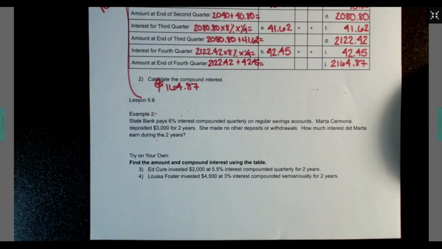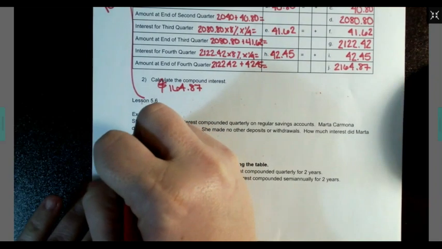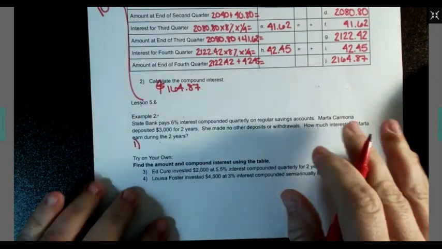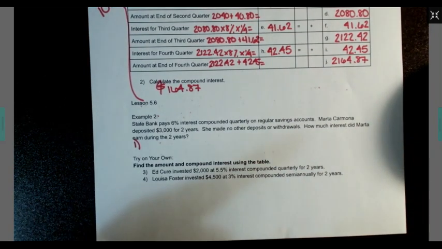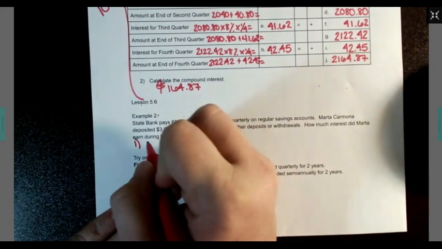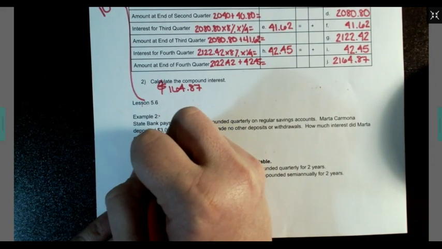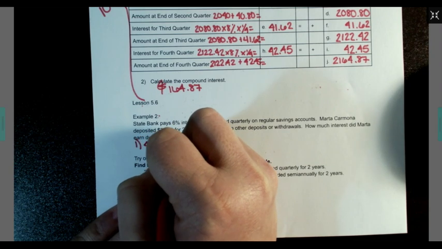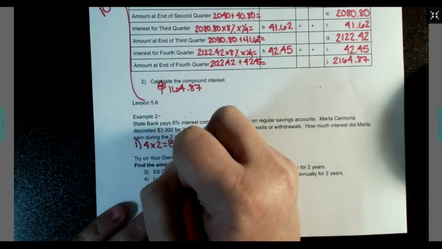So remember that it said, first, find the total number of interest periods. So step 1, find the interest periods. It says take your periods per year and multiply by the number of years. Well, it's quarterly, so that's 4 times for 2 years' time, so that's 8 times.